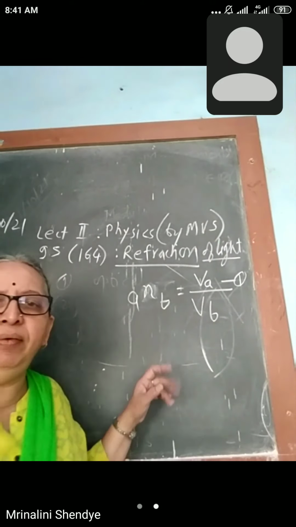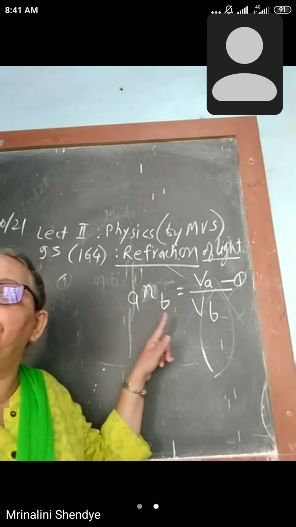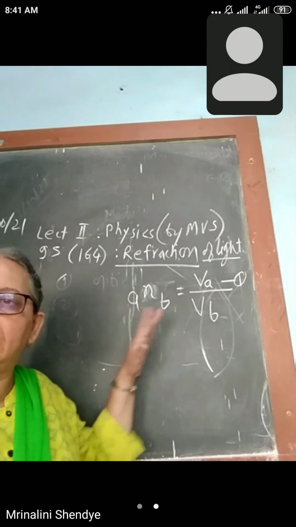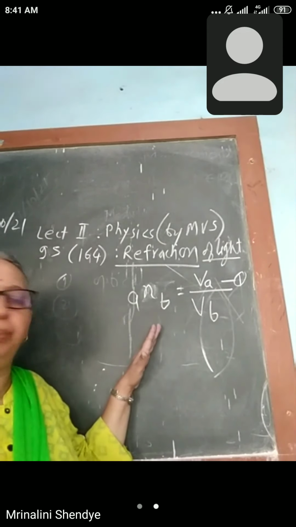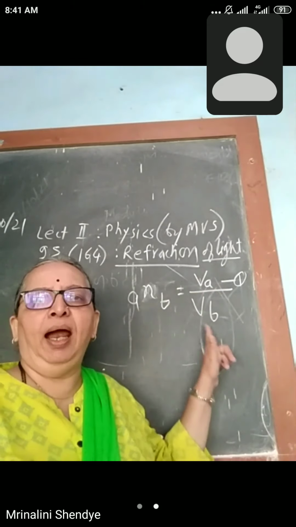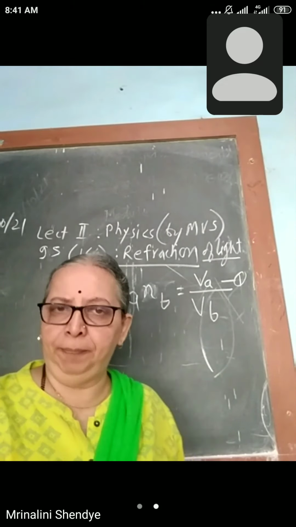Relative refractive index of B with respect to A, second medium with respect to the first medium, is VA upon VB.